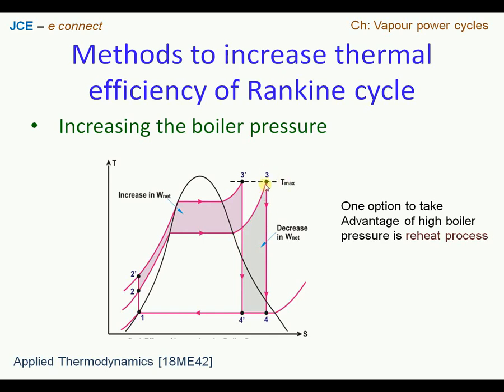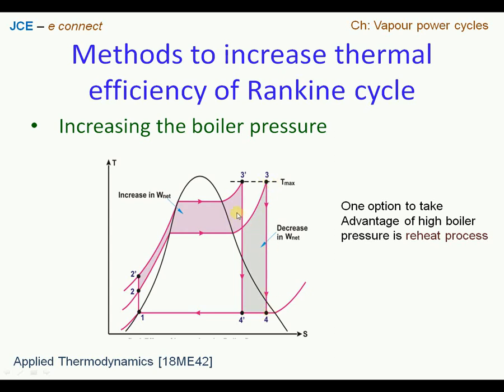So this point is now taken up to a maximum allowable temperature, whatever it is, and then at point number 3 the fluid is again subjected to a lower pressure turbine. So we have again the secondary expansion happening from 3 to 4. So we had the first expansion happening from 3' to this point, and the second expansion happening from 3 to 4.